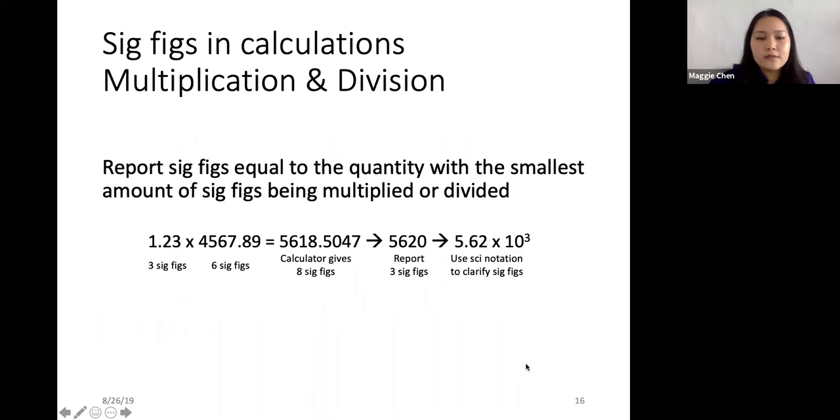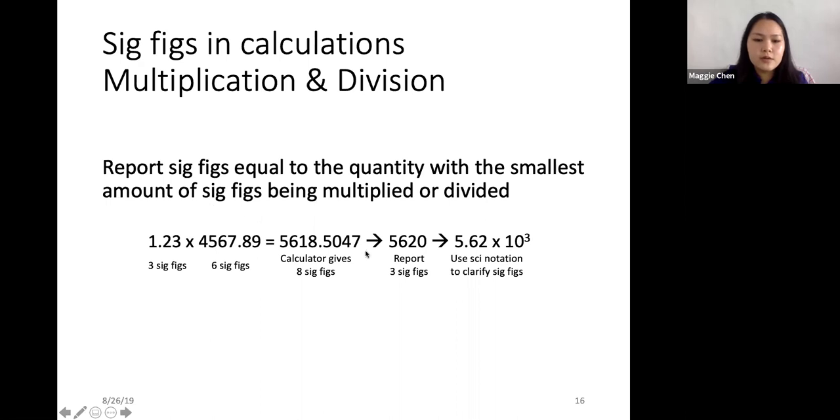For sig figs in calculations, if you're multiplying or dividing, you're going to report sig figs equal to the quantity with the smallest amount of sig figs being multiplied or divided. As an example, if we have 1.23, there's our 3 sig figs, and this number, 4,567.89, there's our 6 sig figs. We're going to go with the smallest amount of sig figs, so our 3 sig figs.